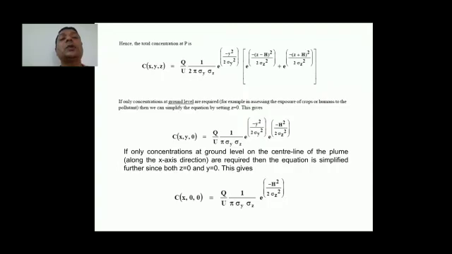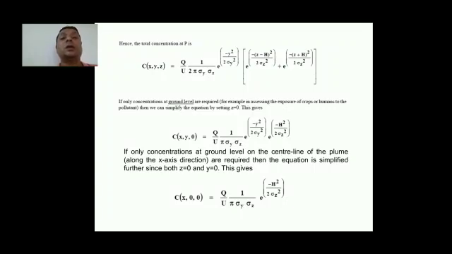So the equation becomes C(x,y,0) is equal to Q upon U into 1 upon pi sigma y sigma z into e raised to the power minus y square divided by 2 sigma y square into e raised to the power minus capital H square divided by 2 sigma z square. Here we keep z equal to 0.